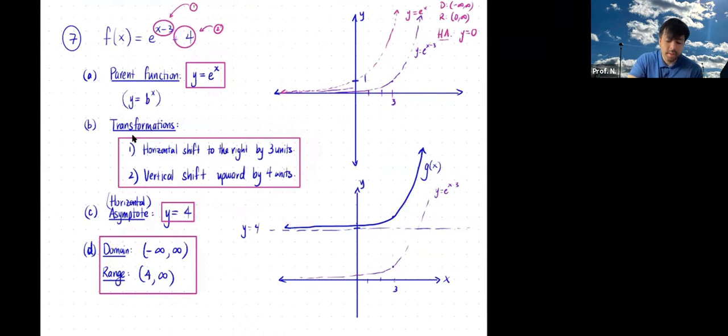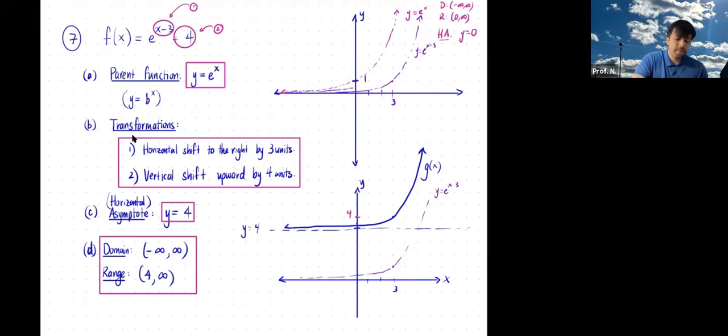Of course, it's not going to be perfect because exponential functions can get a little bit crazy as it gets to the ends, because this goes really high up and this gets really close to the asymptote. But besides that, as long as you have one of the points here that's correct, which comes from the parent function point that has to go through the point 0, 1, then you can just apply the transformations to this point to figure out what's the final point, which in this case would be 3, 4.